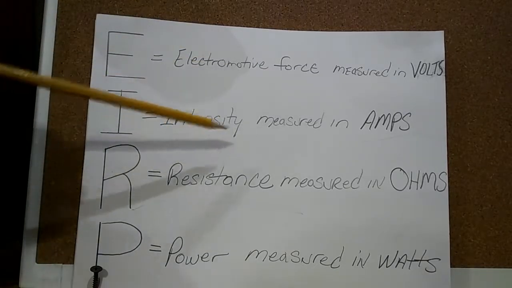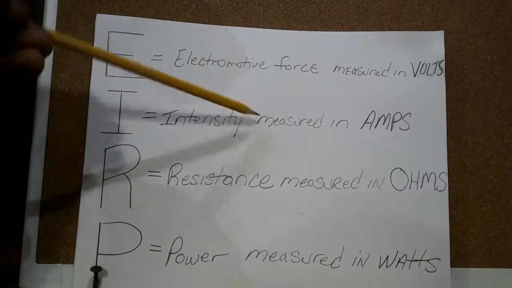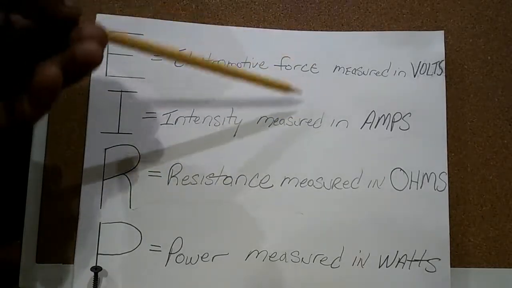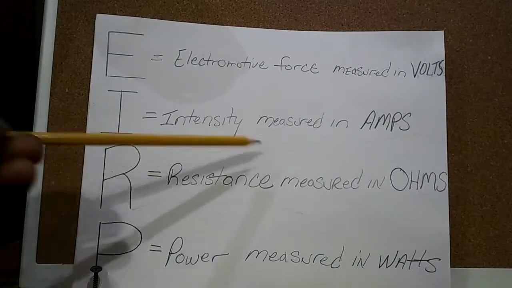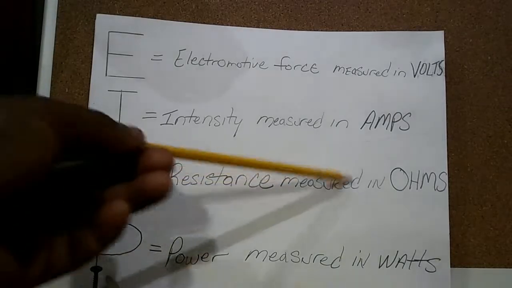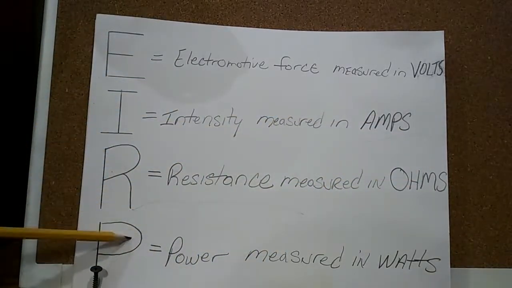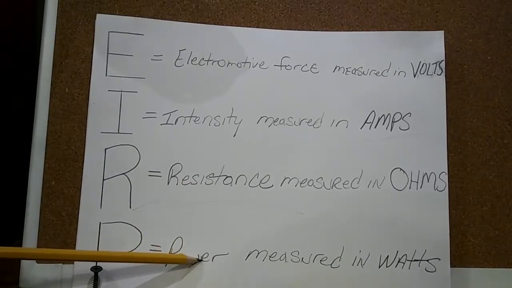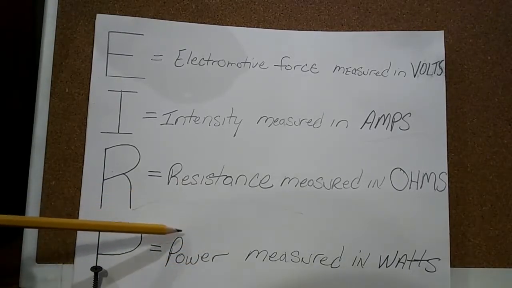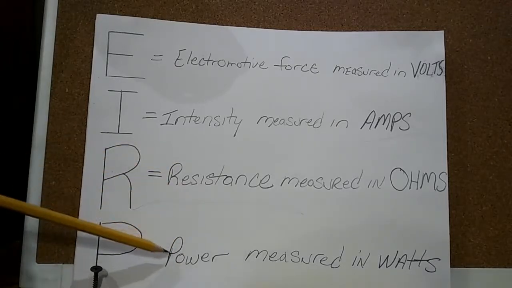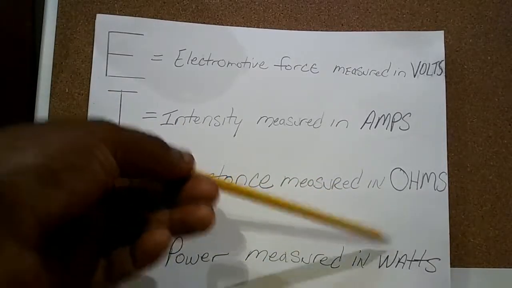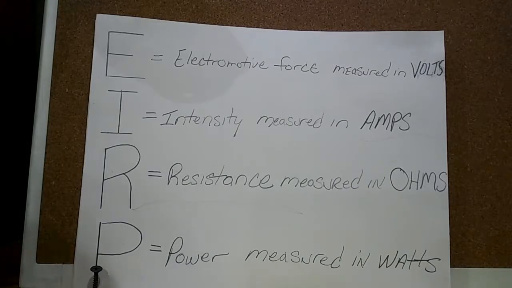Most electricians know it as current or amperage, measured in amps. The R stands for resistance, measured in ohms, and the P stands for power. Scientific name is power, also known as true power, but to electricians in the electrical field it is known as wattage and is measured in watts. So you will see these letters throughout this illustration in this video.